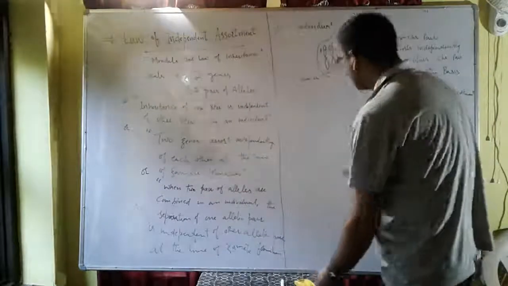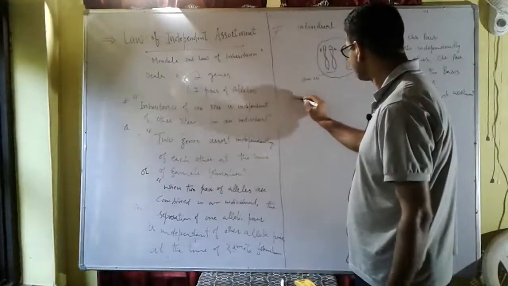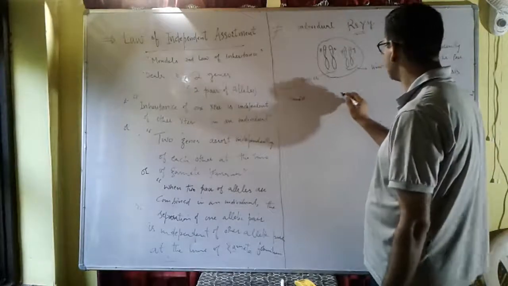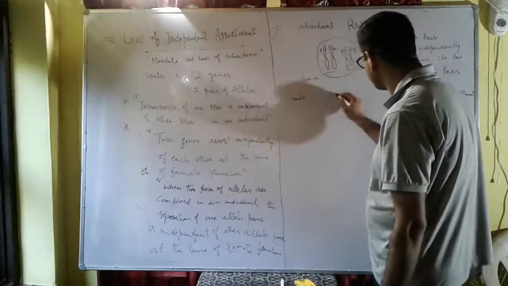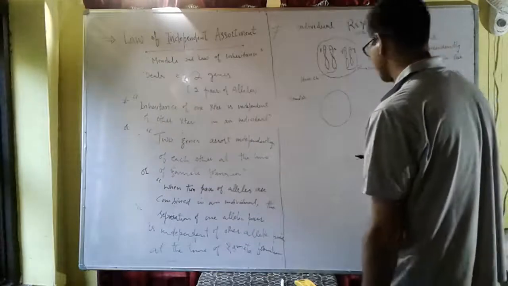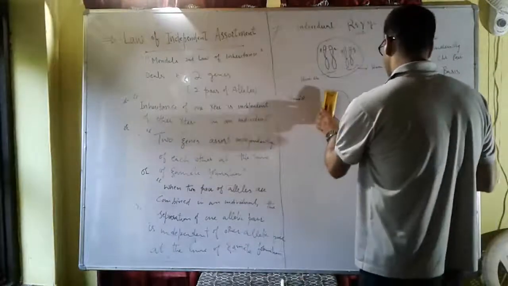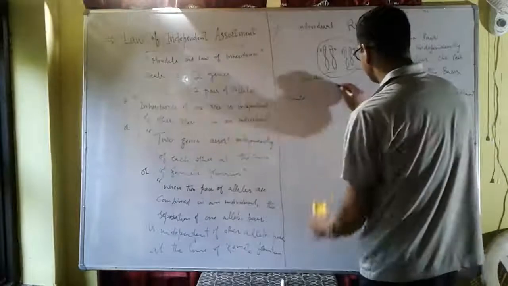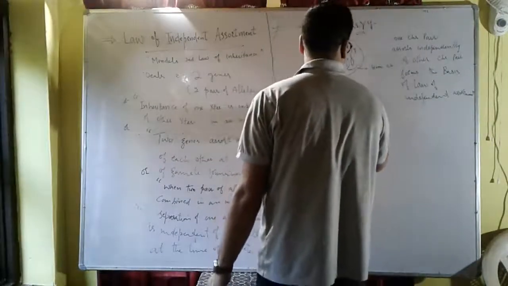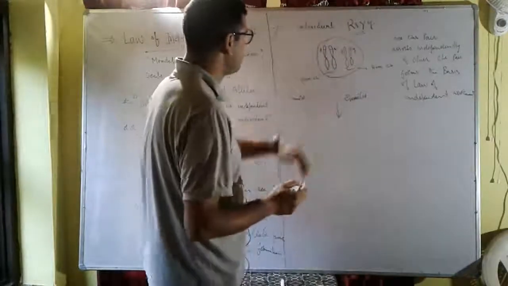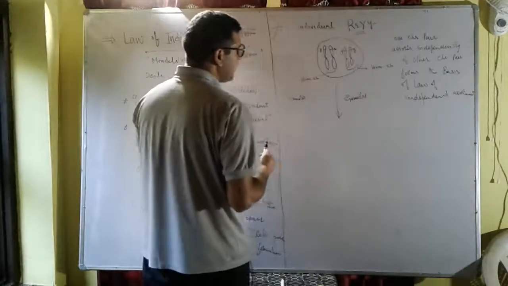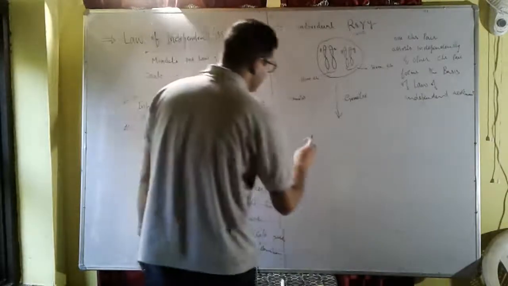So we have gametes. We will make gametes here. That means one chromosome pair assorts independently of the other chromosome pair at the time of gamete formation, and that forms the basis of the law of independent assortment.